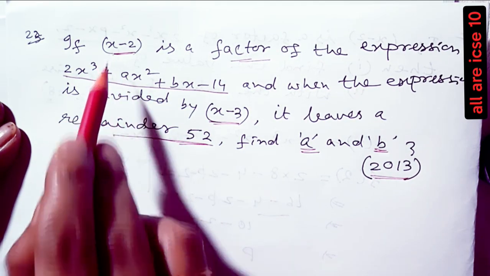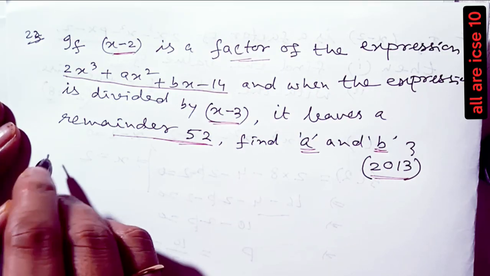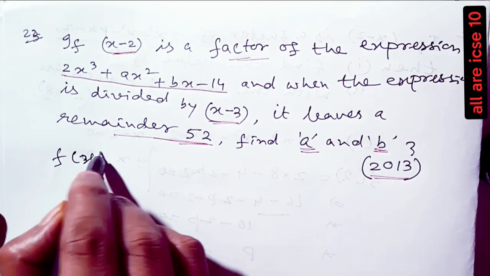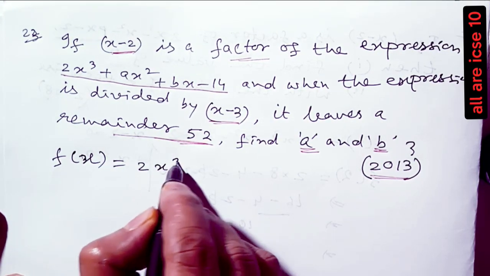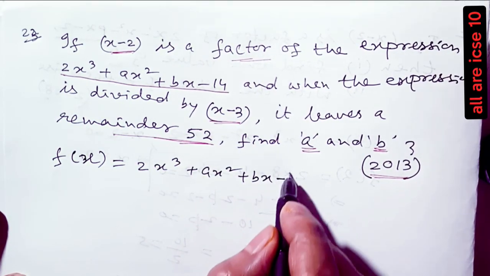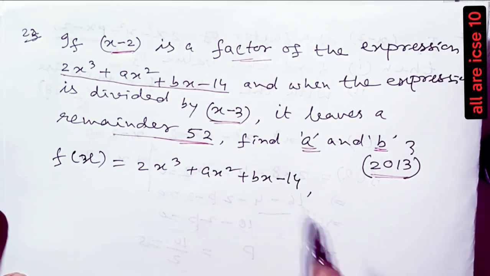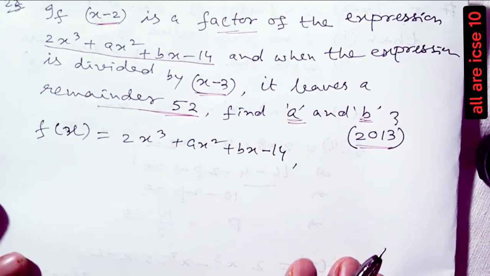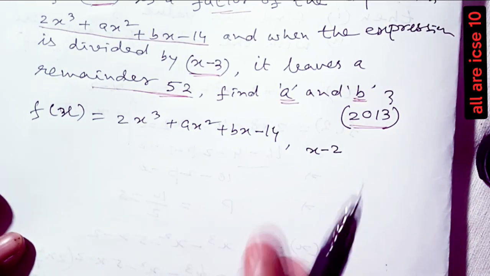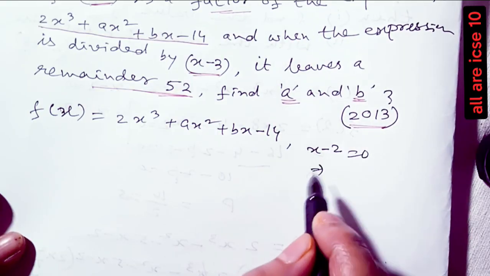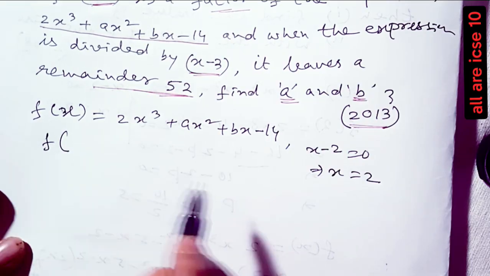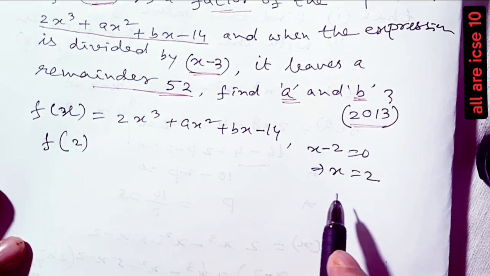So first, let us start here. Let f(x) equal to 2x cube plus ax square plus bx minus 14. Now x minus 2 is a factor of f(x). Therefore, x equal to 2, we know the factor theorem.